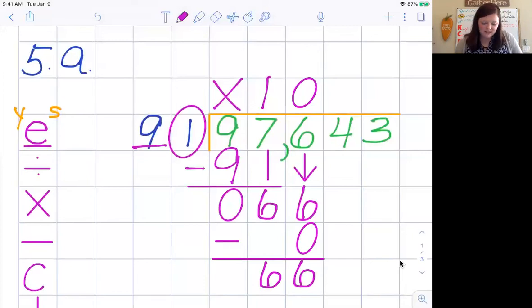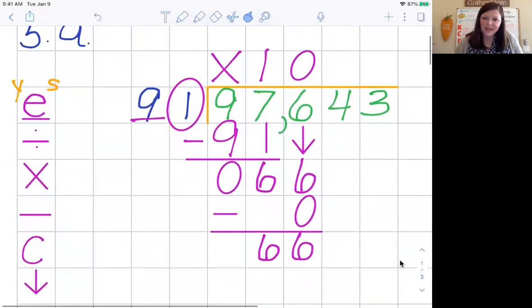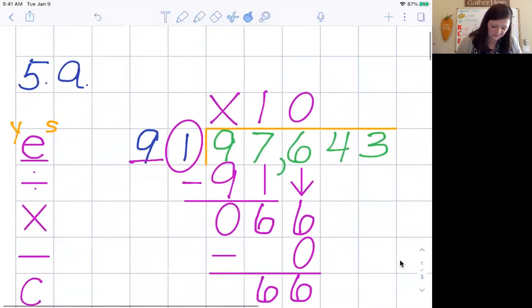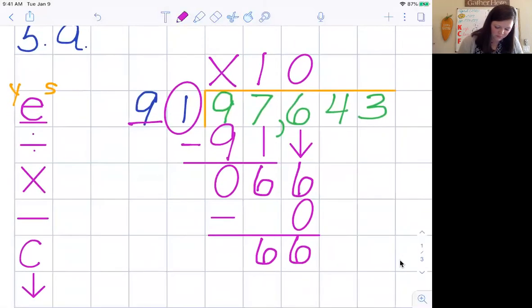The C stands for compare. Let's compare this. Is 66 smaller than 91? Yes, it is. Remember, it must always be smaller than your divisor. Since it is smaller, let's bring down our next digit that's in our dividend. We're bringing down the 4.